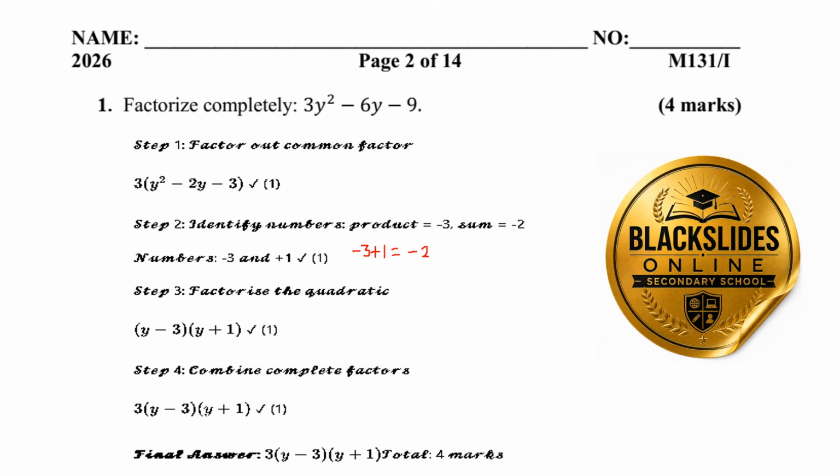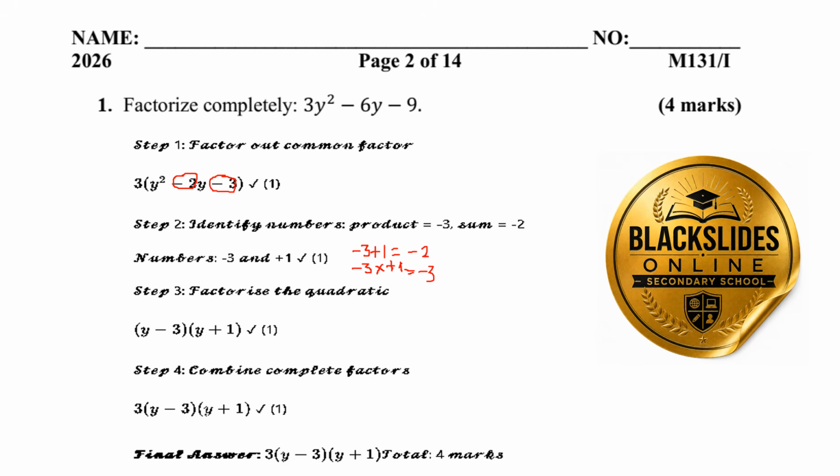So that minus 2 is this one here. And if you multiply the same minus 3 by positive 1, you get minus 3, which is this one here.